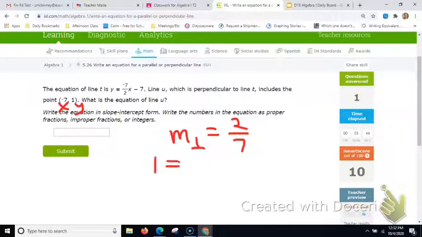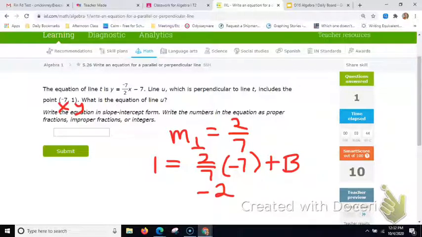So 1 is equal to 2/7 times negative 7, because I'm putting them in y equals mx plus b. So the 2/7 times negative 7 gives us a nice negative 2, because the 7s would cancel, make that a negative 1. And then we would add 2 to both sides, and b would be 3.